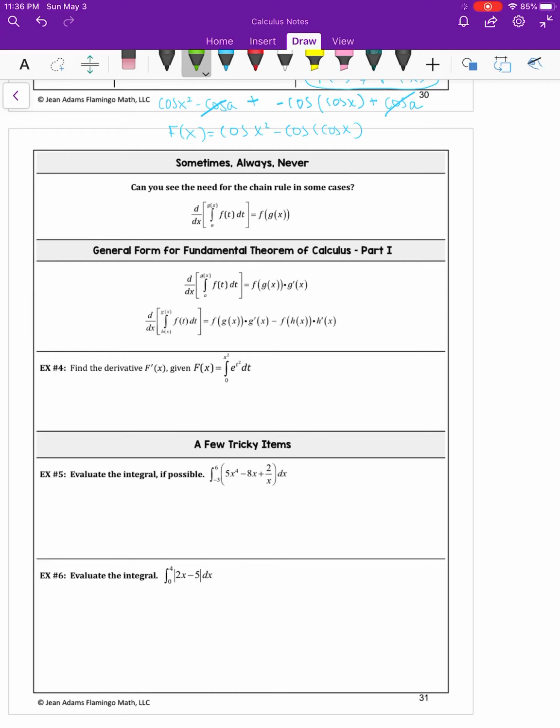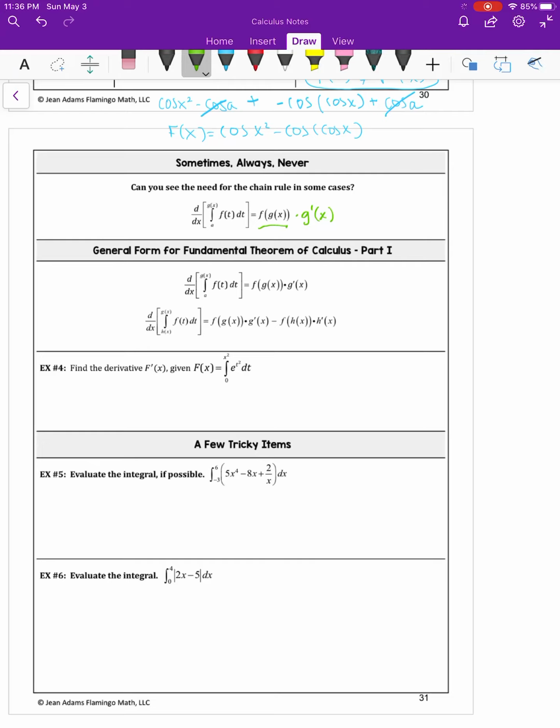All right, sometimes, always, never. Can you see the need for the chain rule in some cases? So the derivative of the integral from a to g of x of f of t dt equals f of g of x. Well, sometimes it does, if your g of x has a derivative that's 1, because if g of x has a derivative of 1, then this would be true.